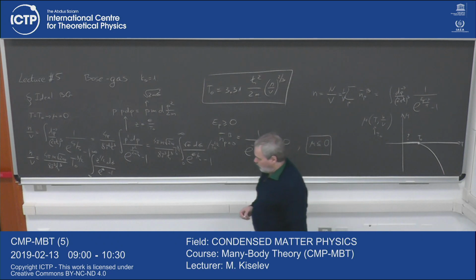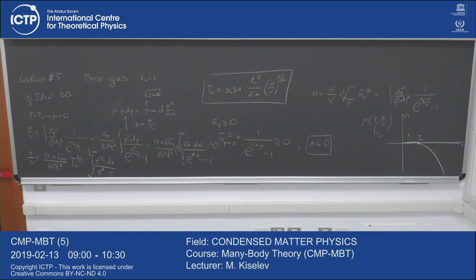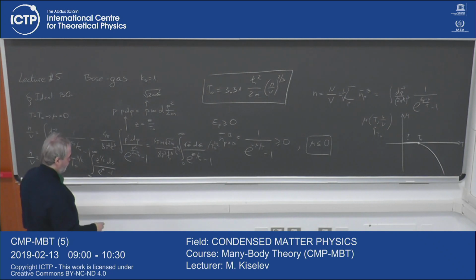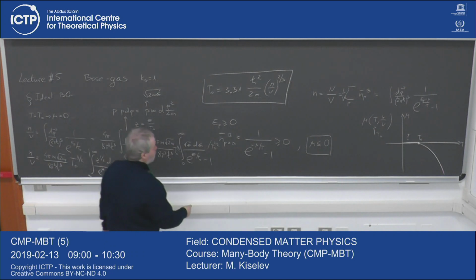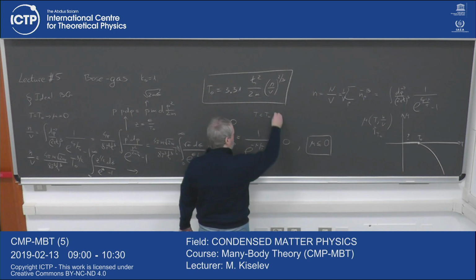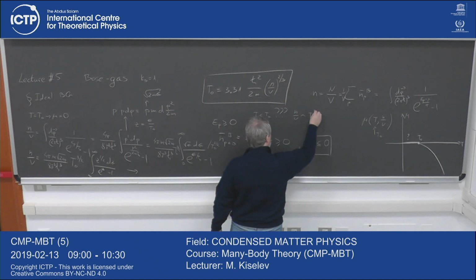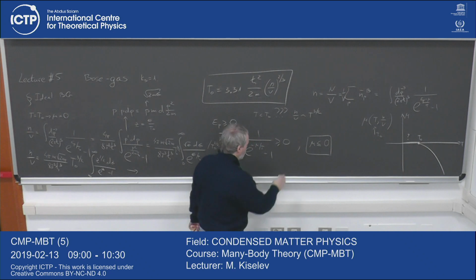And besides, if we formally assume that the chemical potential is 0 and apply this equation for temperatures below T_0, what we find is that for temperatures below T_0, n over V scales as T to the power 3/2.